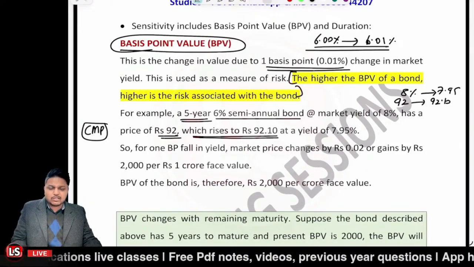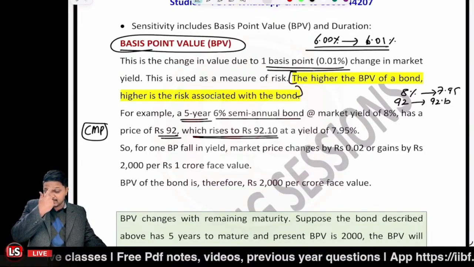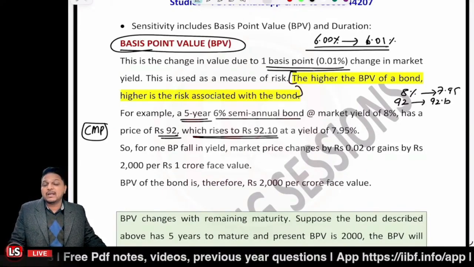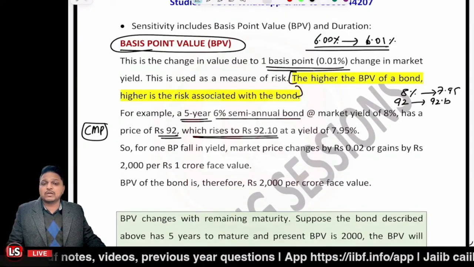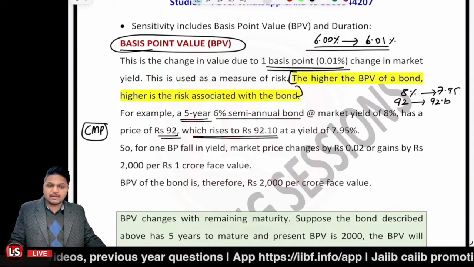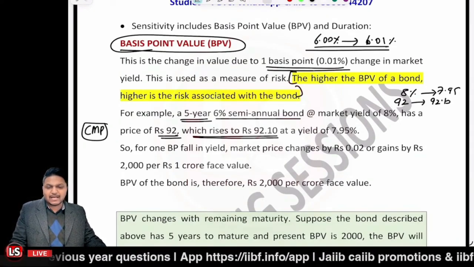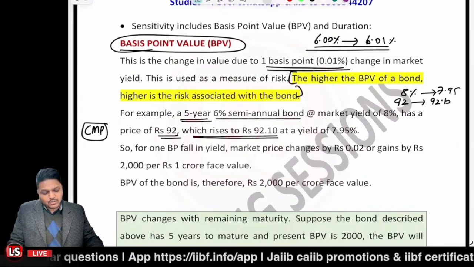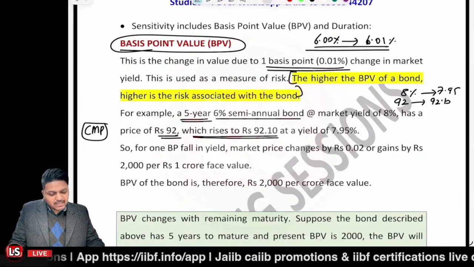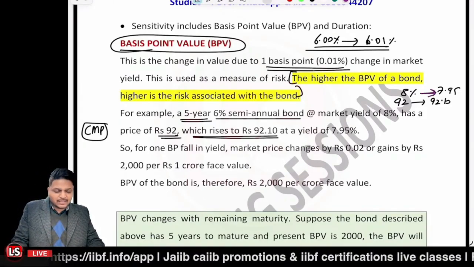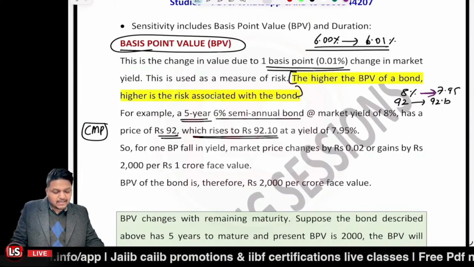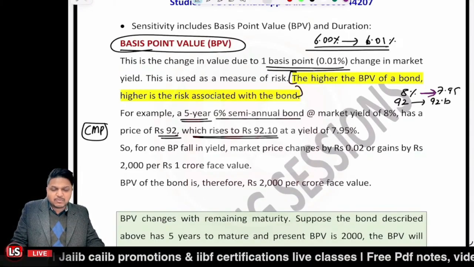This is the same relationship I just told you, that when there is a decrease in the interest rate, definitely the bond prices are going to increase. So the interest rate is decreasing by 0.05% and the price increases by 0.10.